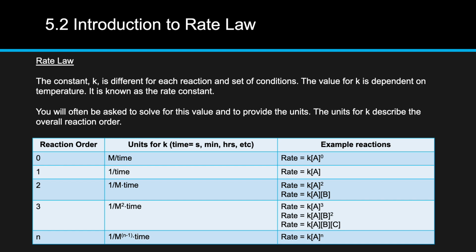The units for K are going to describe the overall reaction order. Just please note that AP Chemistry normally only focuses on 0, 1, and 2 reaction orders. There have been very rare cases of 3 and 4, but most of the questions are in regard to 0th, 1st, or 2nd order.